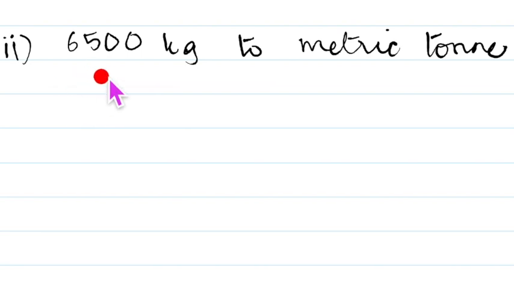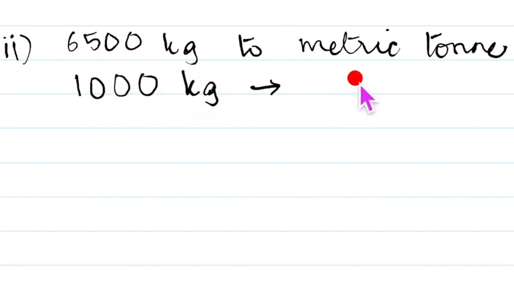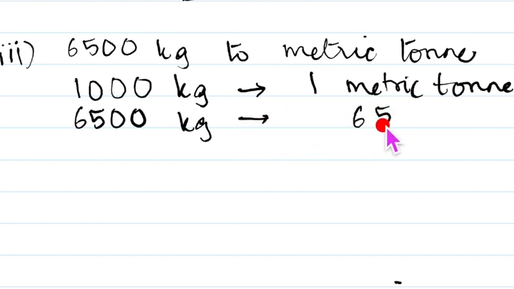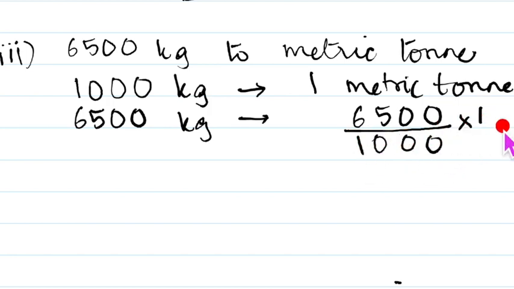The third one, so many kgs to metric ton. Now we know that 1000 kg corresponds to 1 metric ton, and so 6500 kg will correspond to 6500 upon 1000 into 1.